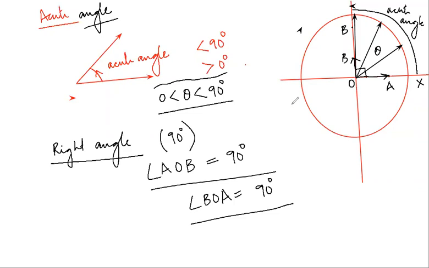Now students, what is an obtuse angle? If the angle is slightly more than 90 but slightly less than 180 degree, it is known as an obtuse angle.